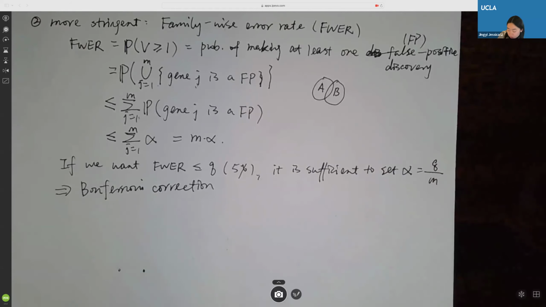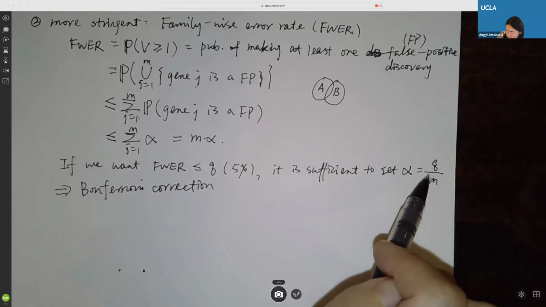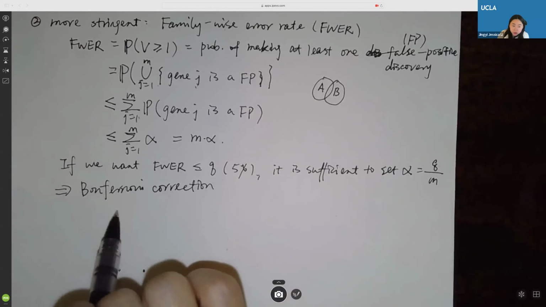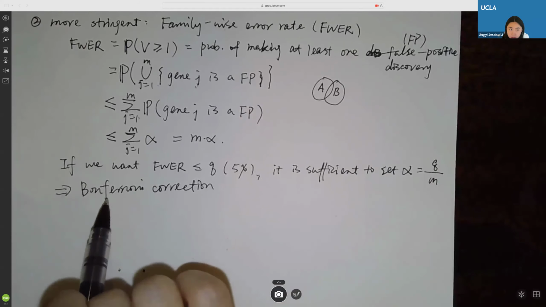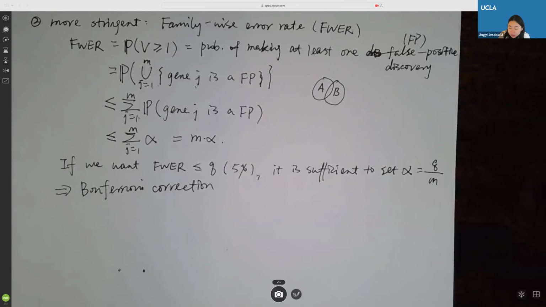So that will be a very small threshold. And changing the p-value threshold by dividing the target level by the number of tests is known as the Bonferroni correction. This family-wise error rate criterion may be reasonable if your number of tests is not big.